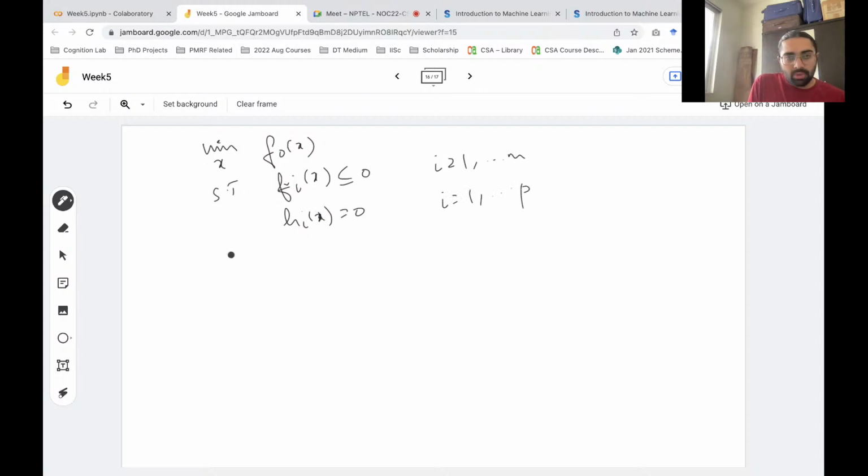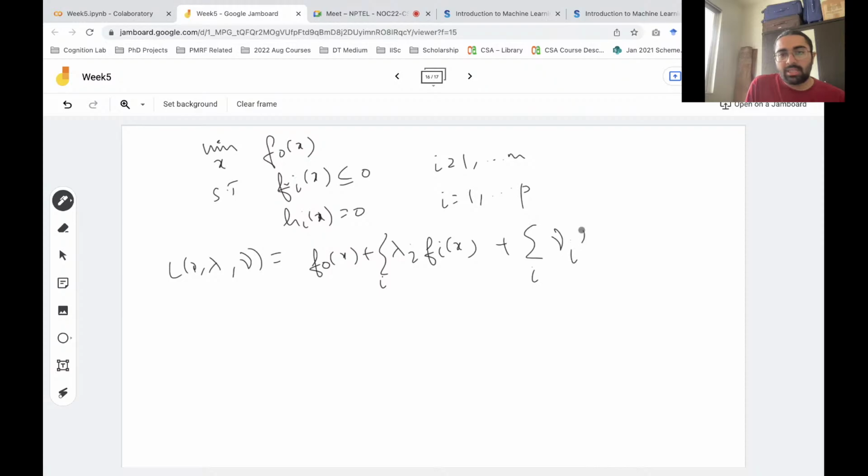Then your Lagrangian L of x, lambda and nu is f naught of x plus the summation over i of lambda i times f i of x plus the summation over i of nu i times h i of x. And in this case lambda i has to be greater than or equal to 0.